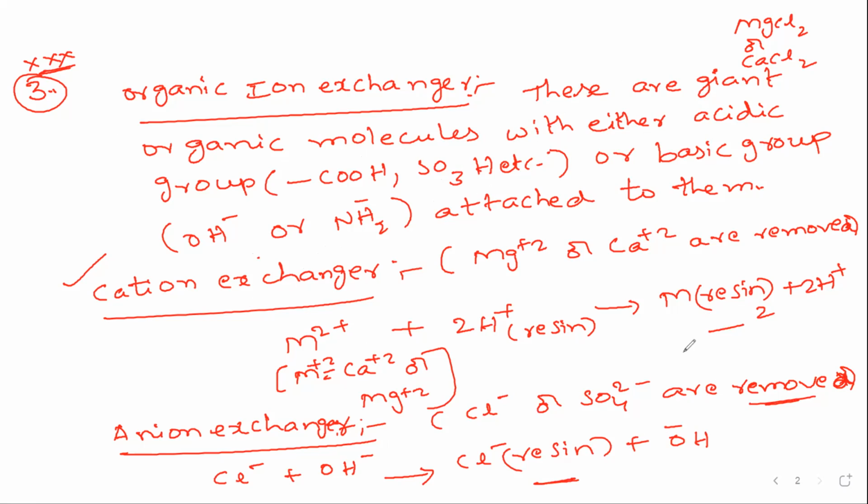Resin is a giant organic molecule. The water obtained by this method is free from all types of cations and anions and is known as deionized water, because both cations and anions are removed.